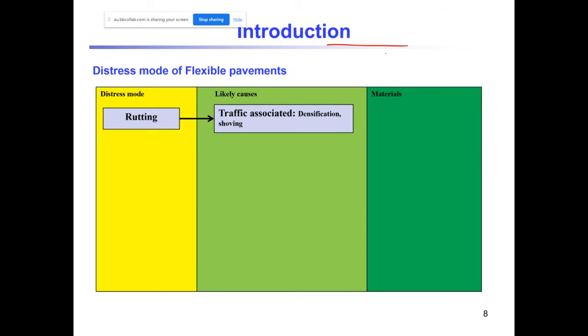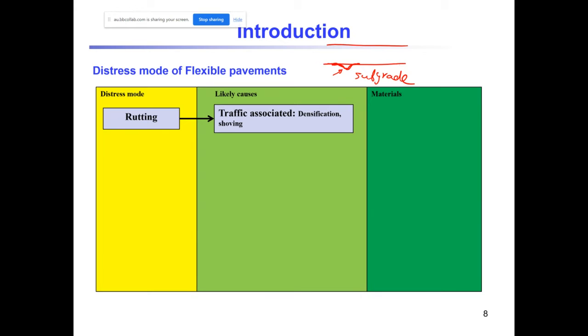So if you have a road, a pavement, for example, and this is the subgrade, this rutting is considered as the permanent deformation at the top of the subgrade layer, right?